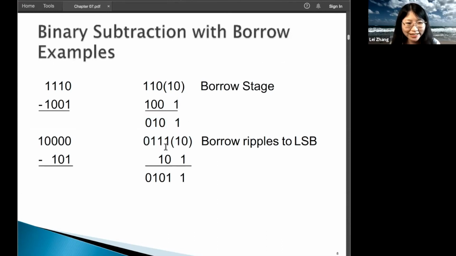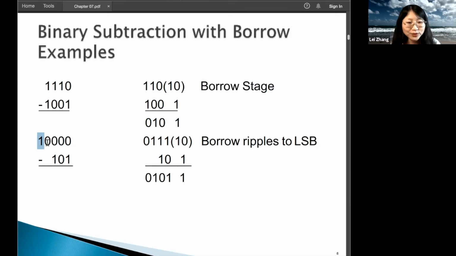And we have another example, of ripple borrow. Let's have a look at this. Again, 0 minus 1, not enough, borrow 1 bit, but there is no bit to borrow from the next bit. So what do we do? We just go all the way through to the most significant bit. There is a 1, and that 1 has a huge weight, so we can borrow it through.